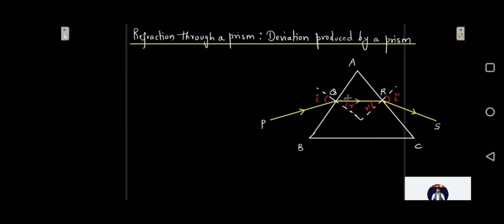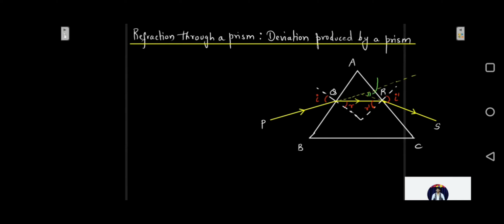That is how much the original line has been shifted. If I produce the line of incidence and the line of emergence behind, something like this, this particular angle over here is going to be the angle of deviation.